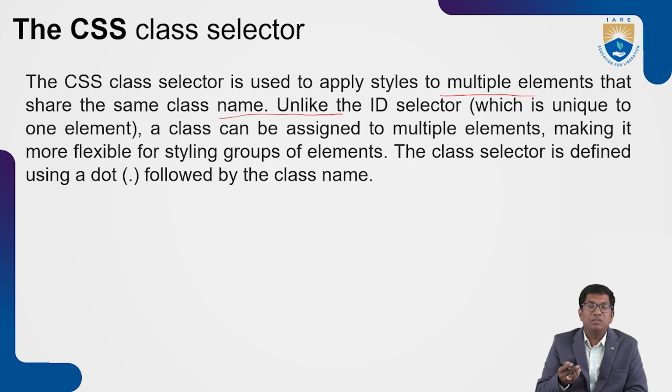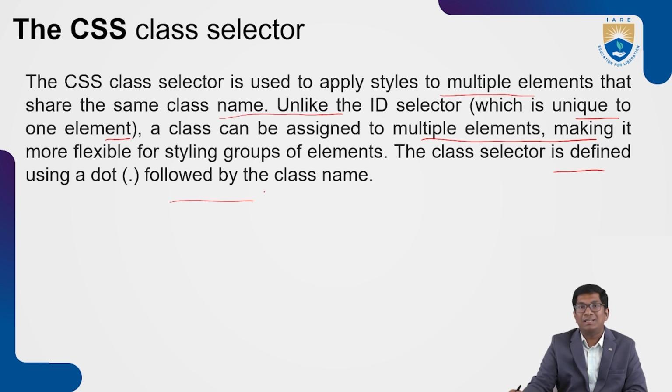We cannot repeat that name. But for multiple elements, we can assign the same name and apply the properties by using the class selector. A class can be assigned to multiple elements, making it more flexible for styling groups of elements. The class selector is defined using a dot followed by the class name.